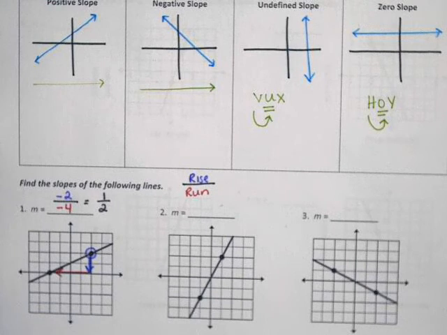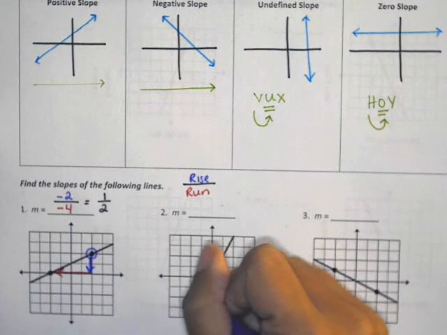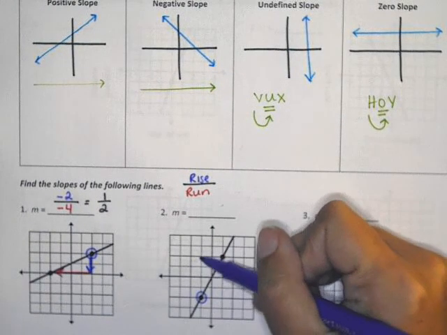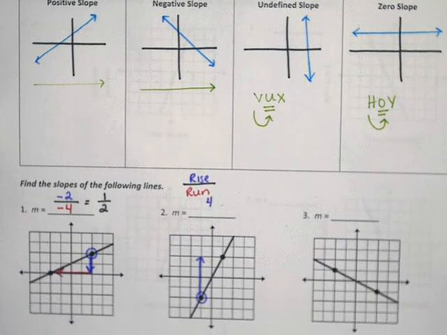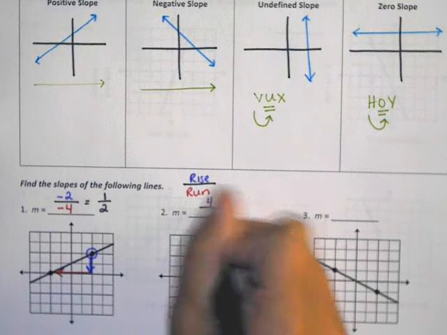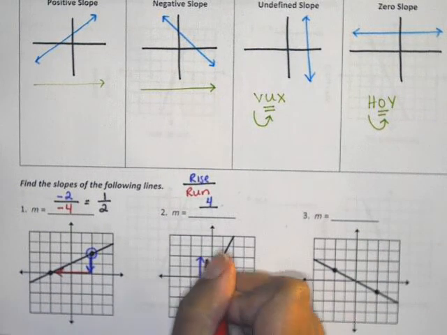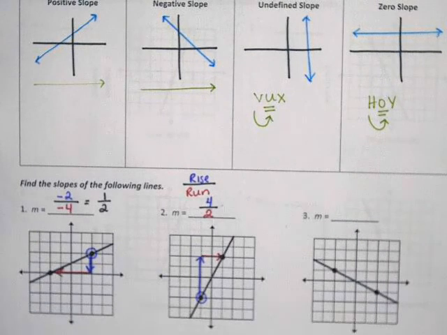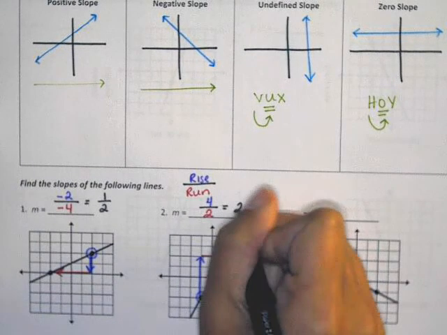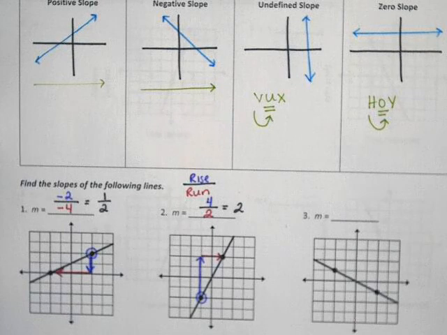For problem number 2, we can start at either end. I'm going to start over here. To get to the other point, I'm going to go up 4 spaces, so that would be a positive, over, and then I'm going to go right 2 spaces, so that would be a positive, and 4 divided by 2 is 2. And in the last picture, again, you can start at either end. It doesn't matter.